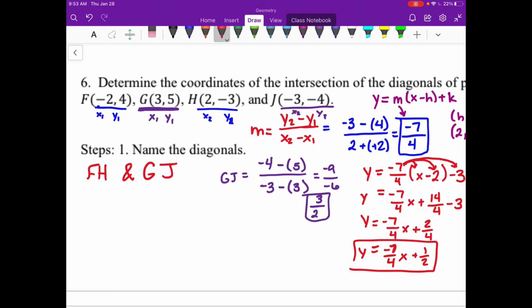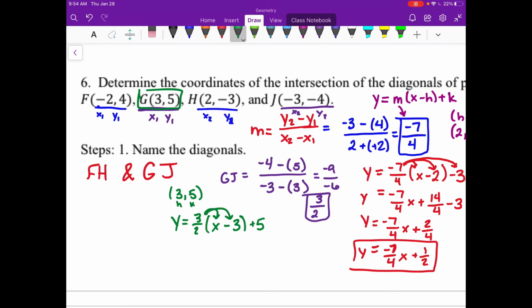Again, I'm going to find the equation of GJ. I'm going to use HK form. My slope is 3 over 2, x minus an h, and a k. I need to pick one of those points to be h and k. I'll pick G. So my h and k will be 3 and 5. Minus h, which is 3, plus k, which is plus 5.